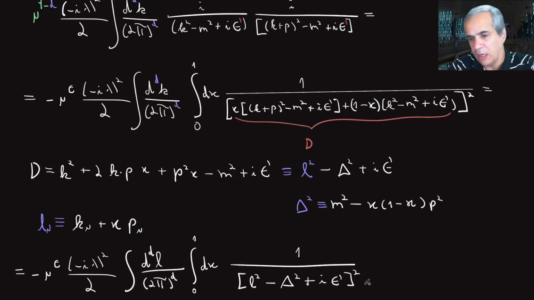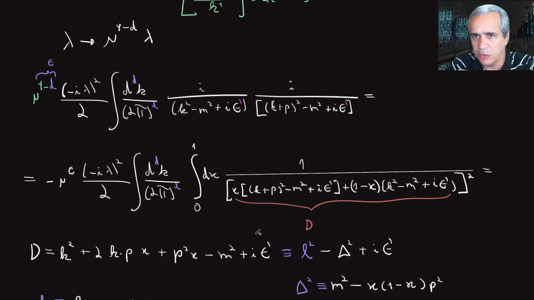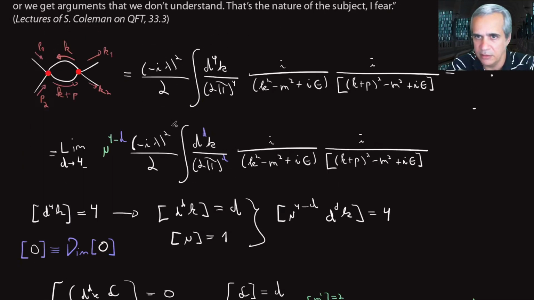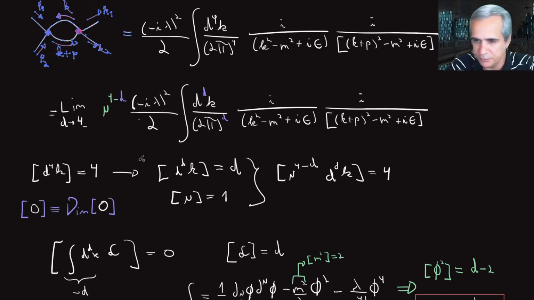And then once you get that, the next trick, of course, I want to write these in spherical coordinates, right? And to do that, first I need to go to a Euclidean space. So let me just copy this diagram so we don't forget what we are calculating down here.